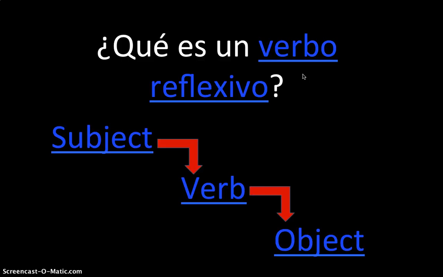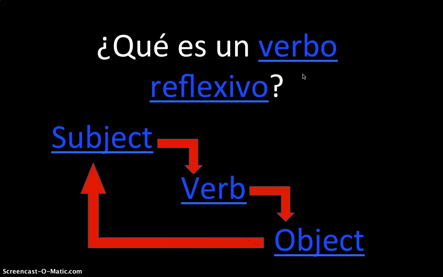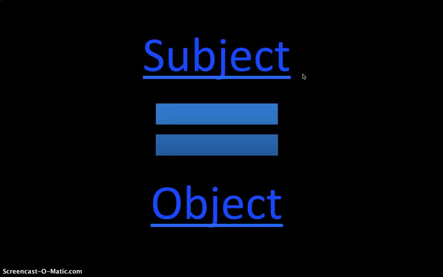But now, something happens when the object and the subject are the same. Let me repeat that. These reflexive verbs are important because the subject, i.e. the person doing the verb, is the same as the person the verb is acting on.